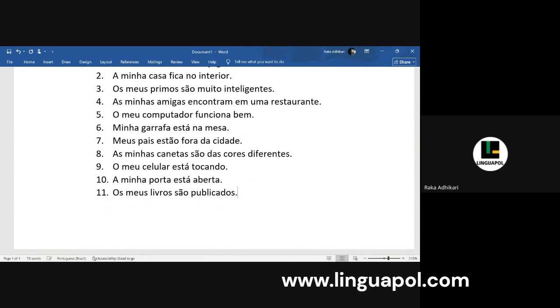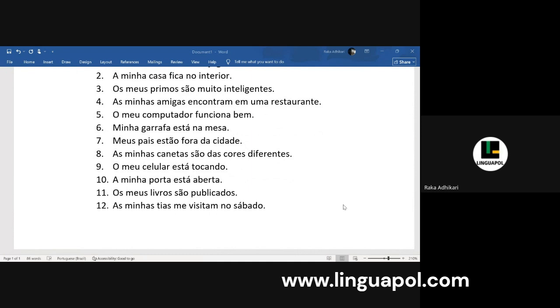Os meus livros são publicados. My books are published. As minhas tias me visitam no sábado. My aunts visit me on Saturday.